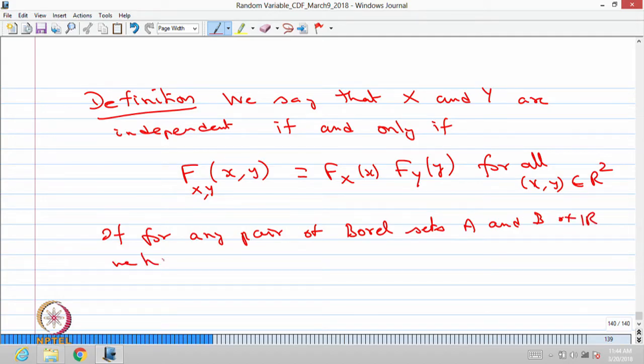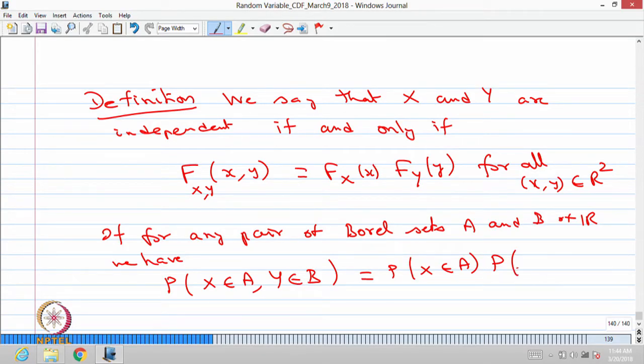If two random variables are independent, then the probability of X belonging to the Borel set A and Y belonging to the Borel set B is the same as the probability of X belonging to the Borel set A multiplied by the probability of Y belonging to the Borel set B.